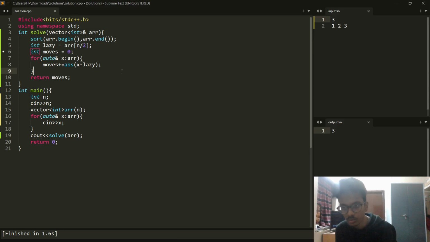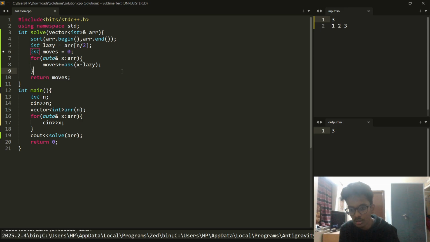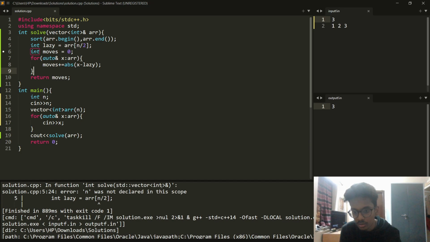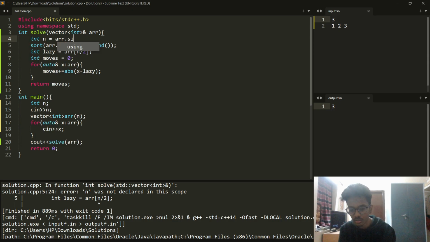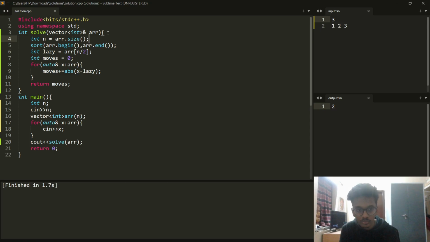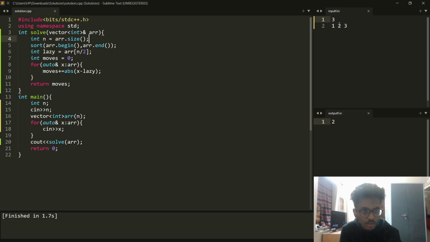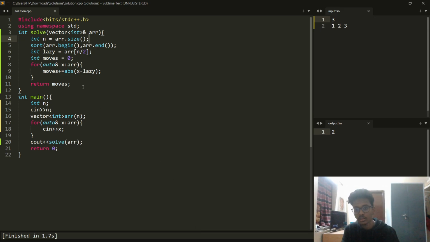Okay, let's run this to find what's the error. In case of both increment and decrement, you would be finding the median, and median would be the lazy element. Let's see what happened. n was not declared, fine. Yeah, 2 moves. In 2 moves, one move would be from 1 to 2, and one move would be from 3 to 2. So, yeah, that was it.